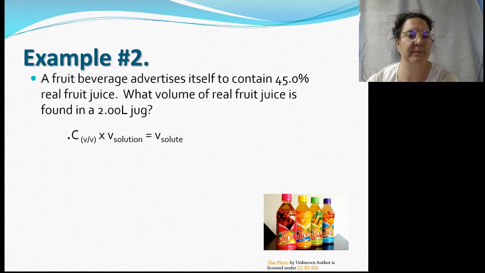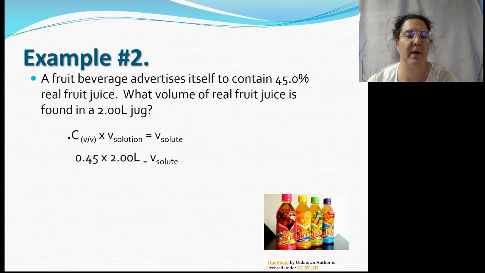Now, example 2, a fruit beverage advertises itself as 45% fruit juice. So what volume of fruit juice is found in a 2-liter jug? So we're going to take the concentration, multiply it by the solution, and we'll have the solute. So we've already divided by 100, which is going to turn 45% into 0.45.